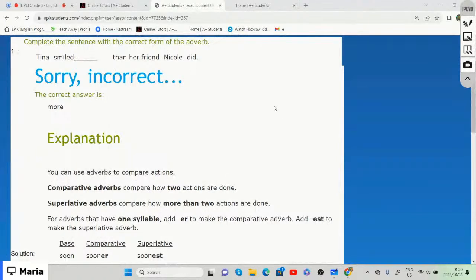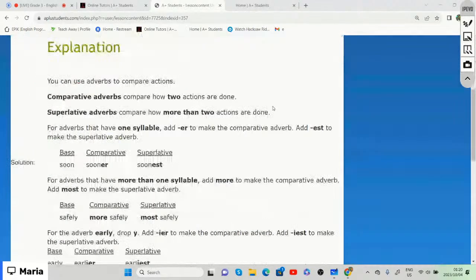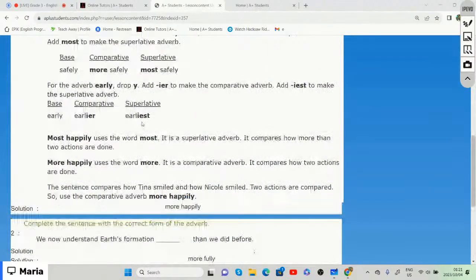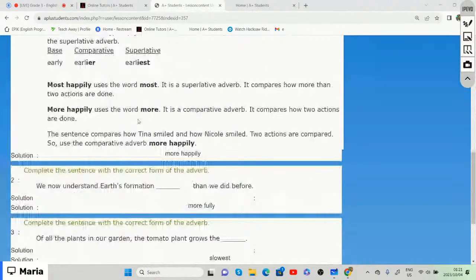So that means it is comparing two actions, which means it is going to be comparative. Then we will say more happily. Because more shows the comparative adverb, and it also has two syllables and shows two actions that are done.